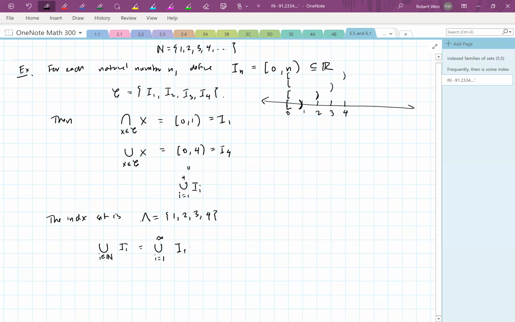Hopefully it's not hard to see that what you get is every non-negative real number, because every non-negative real number is eventually in one of these I_n's.